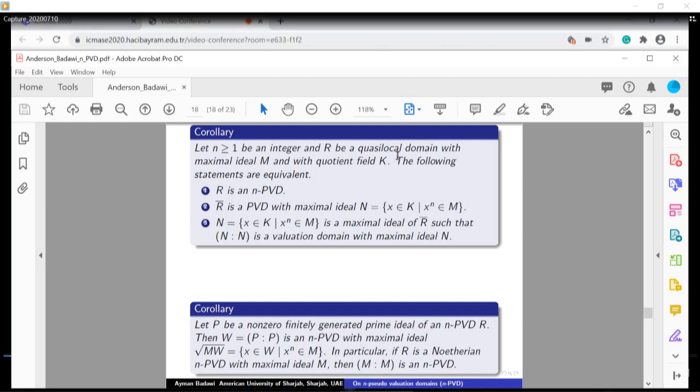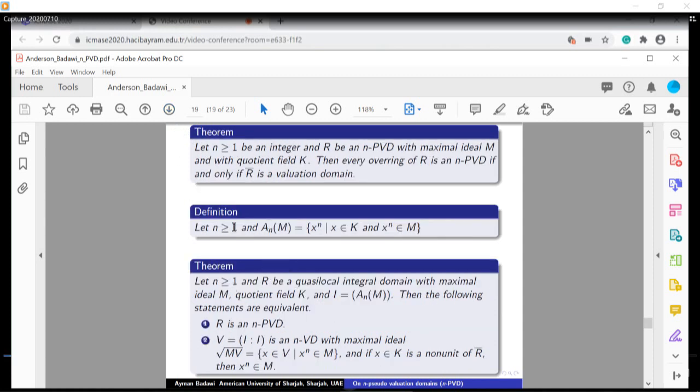Anyway, if you have an integral domain with one maximal ideal, then the following are equivalent. Look at this. The integral closure of R has to be a pseudo-valuation domain with this maximal ideal. So these two conditions are equivalent.